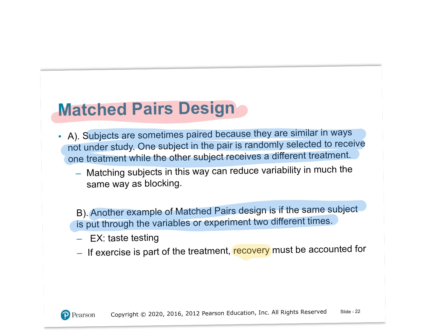The other type of matched pairs design, if you notice down here at the bottom, the best example is taste testing, but another example is sports related. If you want to see if oxygen intake is going to help with performance, you have them run some sprints.